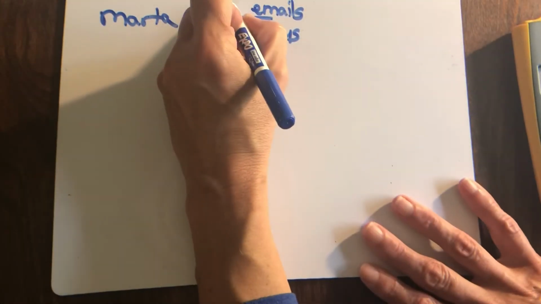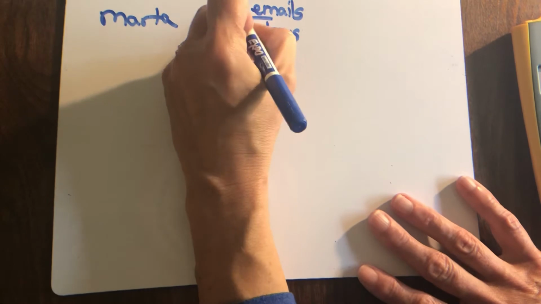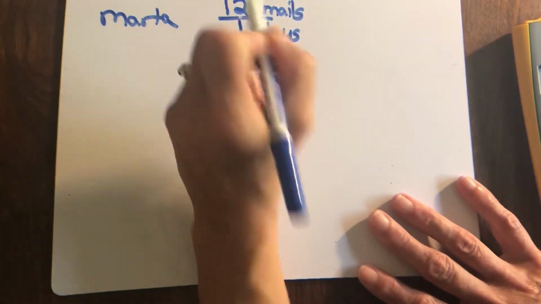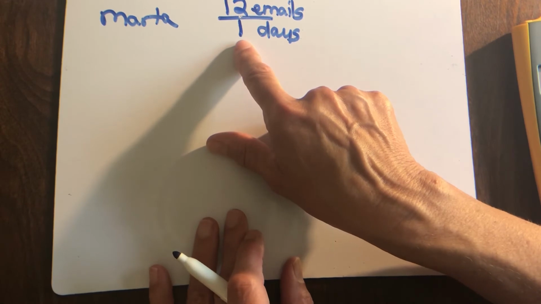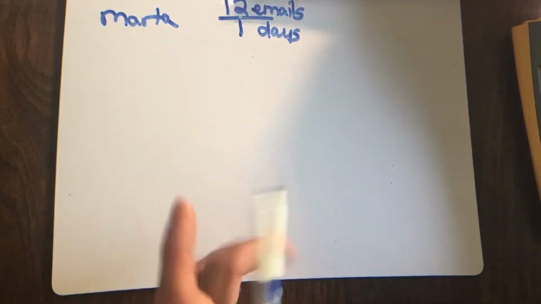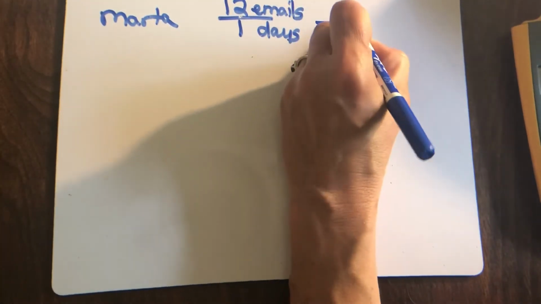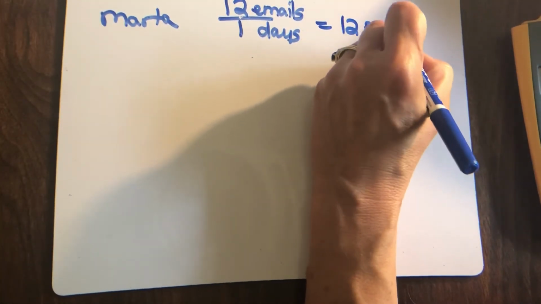And then how many days? So lots of things to consider there. So if she's writing an email for each client, that's 12 emails, right? For one day. So that's kind of understood, and you have to get that from that problem. Now we can work that, but that's 12 divided by 1. So she writes 12 emails per day.